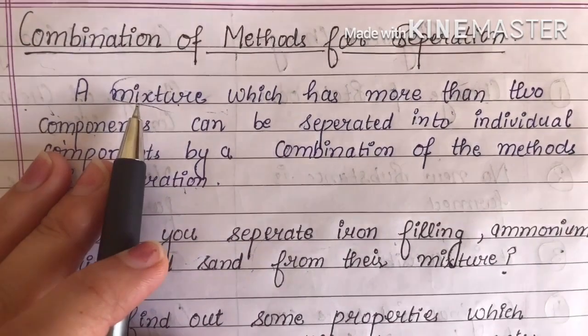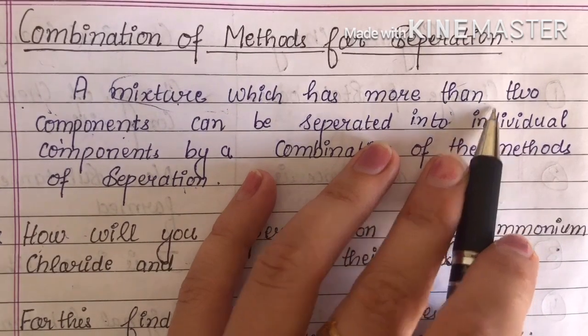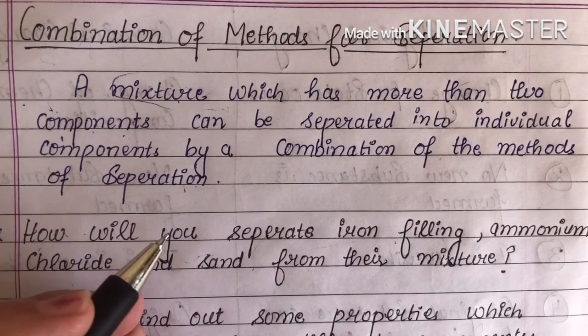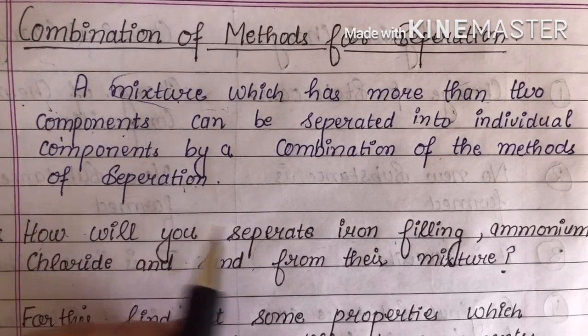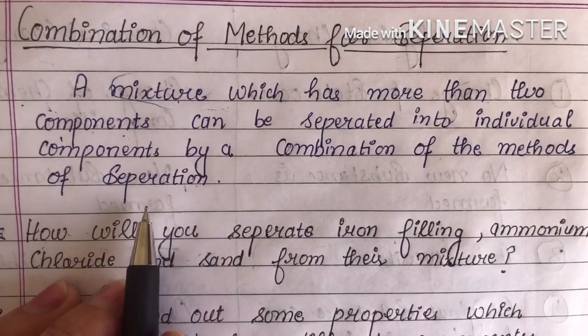So what is the need to combine the methods of separation? It may be due to the reason that the previous methods that we used for the separation of mixtures are not useful for mixtures having more than two components.